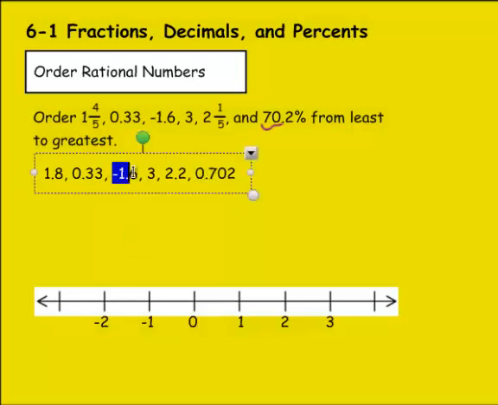I see a negative here, so that's automatically going to be the lowest because it's furthest to the left on the number line. So if I plot this out, -1.6, that's a little closer to -2 than -1. So I'm going to put that spot right here. So -1.6. So I'm going to cross that out. The next lowest would be anything with a 0, which would be 0.7 or 0.3.